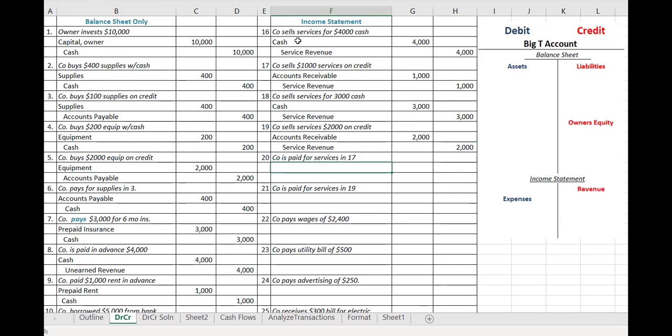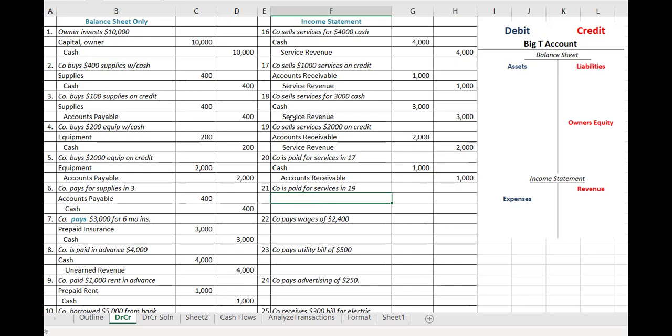Okay, all right, now the company is paid for the services rendered up here in number 17. We're paid for this. So I'm going to debit. Paid means we received cash. Cash is coming in, and that's $1,000. And now I'm going to decrease my accounts receivable. Notice the spelling of that word.